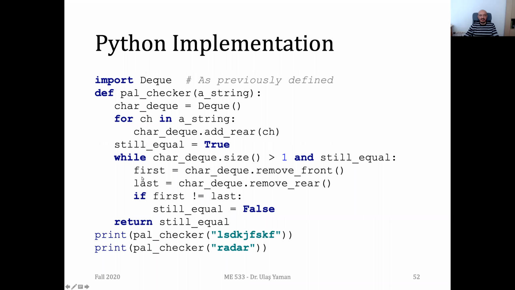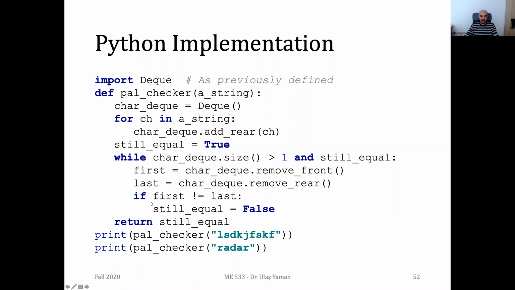What are they? You should find the first letter and the last letter. We find them by using removing operations, but for the first one, it will be remove front, and for the last one, it's obviously remove rear. And then we simply check the first and the last items. If they are not equal to each other, then we can say that this is false. So this is not a palindrome, and we should stop the operation.